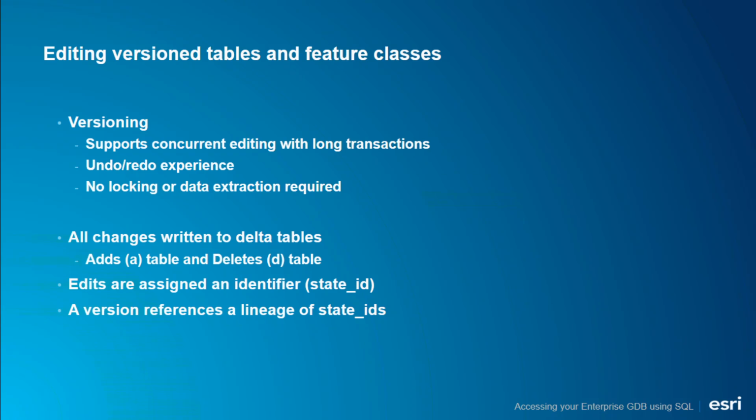If you have multiple editors, you can use all these generated versions and assign these versions to specific editors, and they can all edit the data at the same time as long as they're editing in their own version, and they won't lock the table for other users to use it.